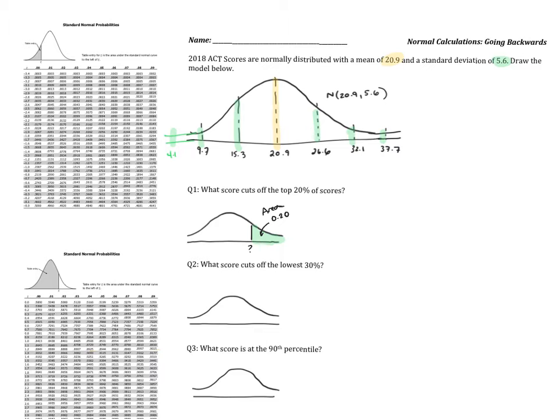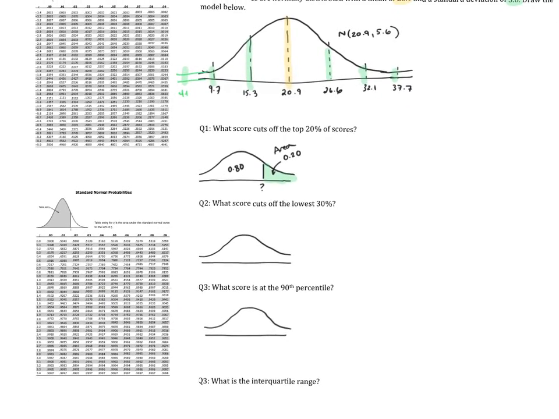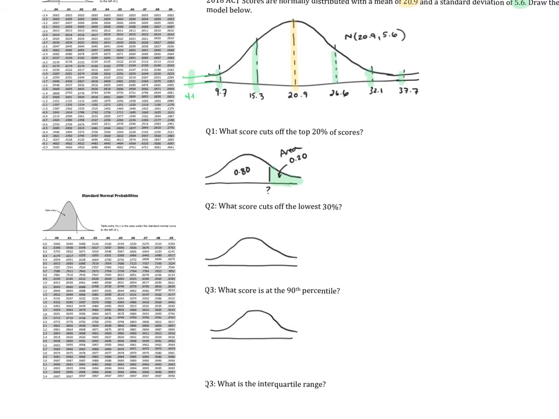So what you're going to do, instead of looking at the outer edges of the table, you're going to look in the table and try to find, well, you know how the area is always to the left? So we're going to try to find 0.80 on the table. Let's see, 0.80, somewhere on the positive side.